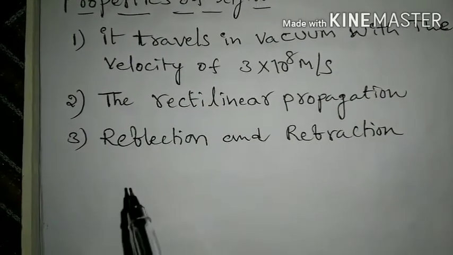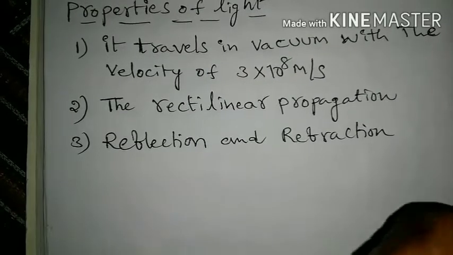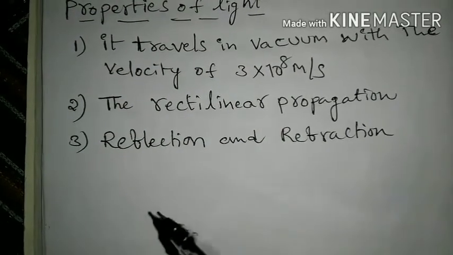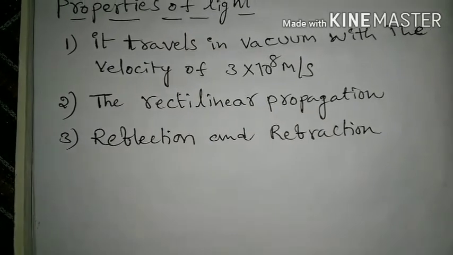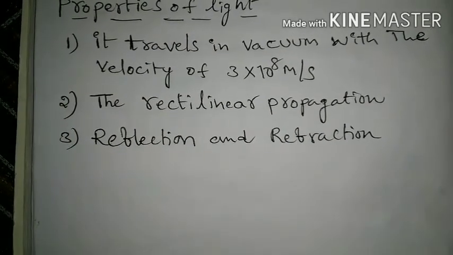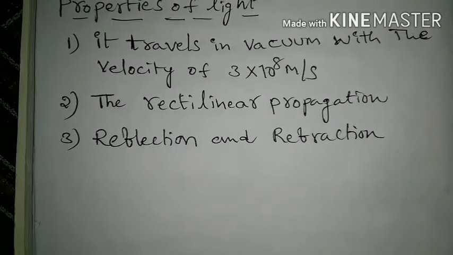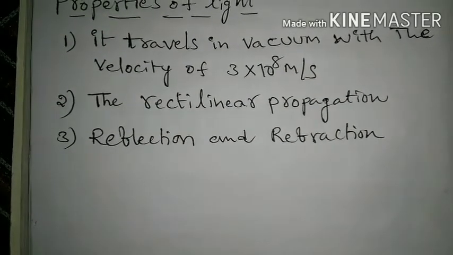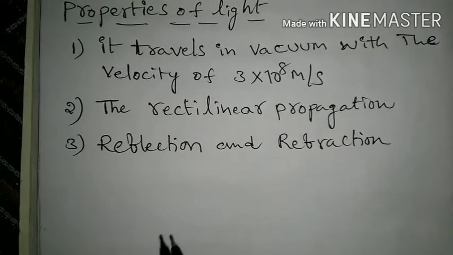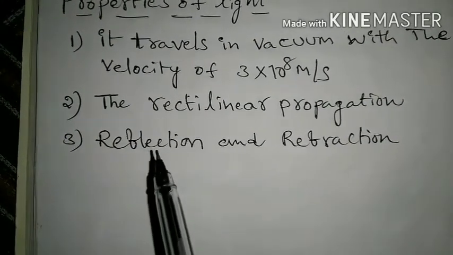Reflection means when light traveling in one medium falls on the surface of another medium, a part of the light is turned back into the same medium. This phenomenon is called reflection of light.